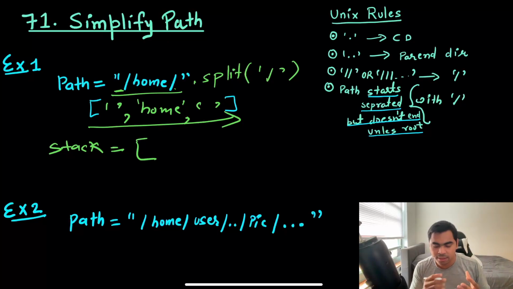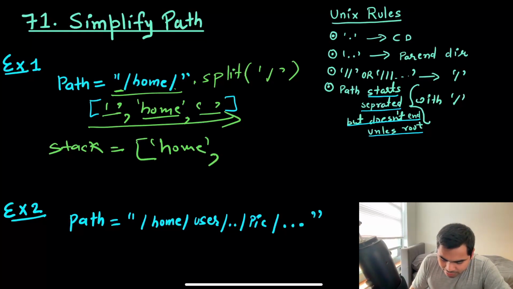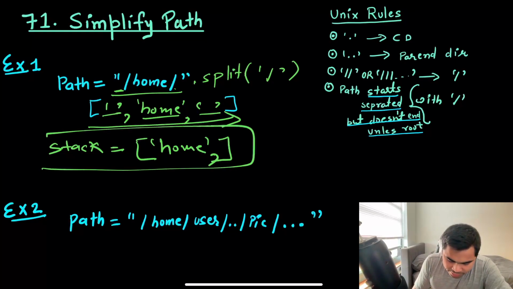And if I see an empty string, I want to ignore it, because that's not a valid name for my current directory. So in this case, I see an empty string, I ignore it and move forward. Then I see home, I append it to my stack. Then I see an empty string, I ignore it. So this is the value of my stack.